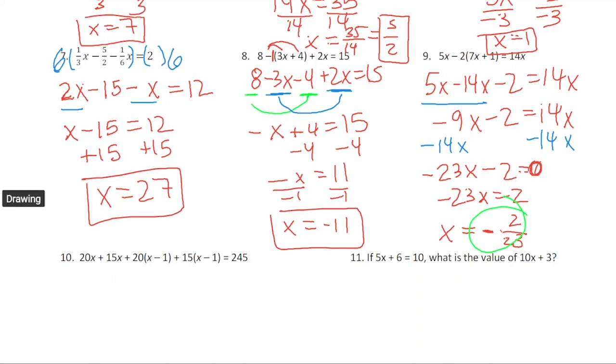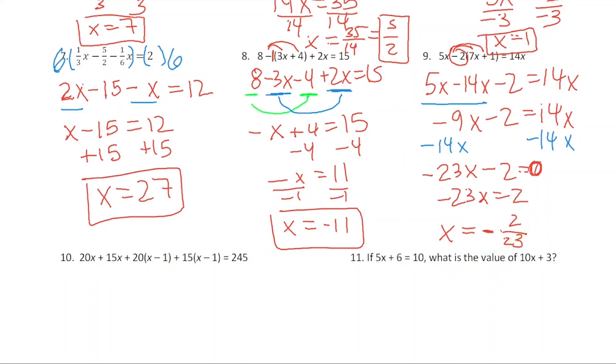I plugged it in here and here. So I did 5 times this number, minus 2 times 7 times this number, plus 1. And then I also typed in 14 times that number and saw that the left-hand side did, in fact, equal the right-hand side. So we got a pretty nasty number here, but that's our solution, y'all.